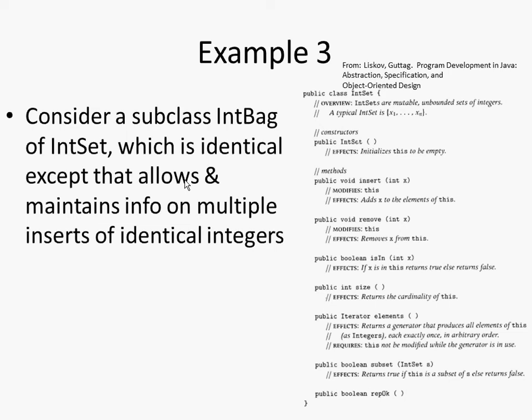It'll say yes, for bag set. It actually maintains count of them that have been inserted. And if you remove them, it'll decrement the count. If you add them, it'll increment the count. So the idea is, we want to reuse all this good stuff over here on the right, and we just want to tweak it in a certain way to have this extra property. So here's the question. Is this a legitimate subtype?